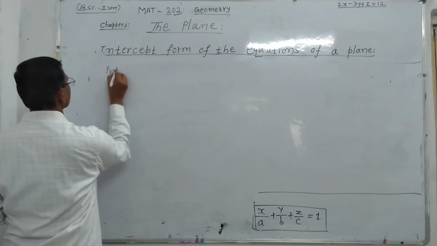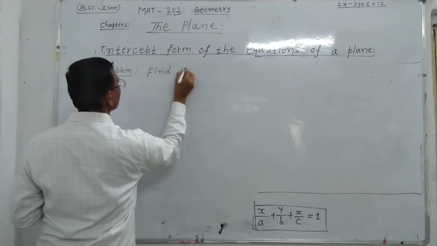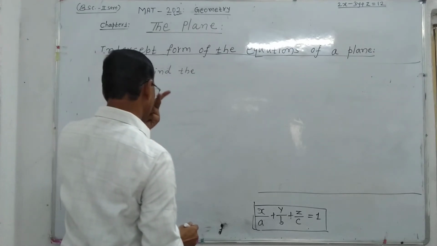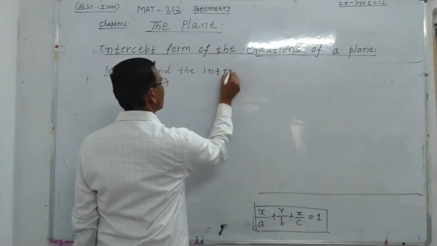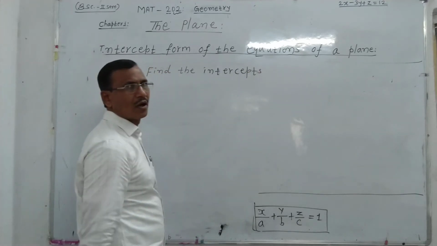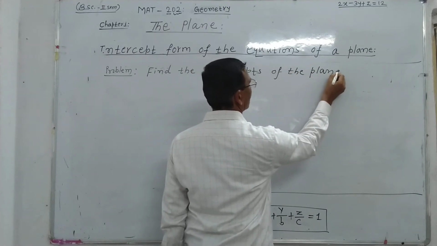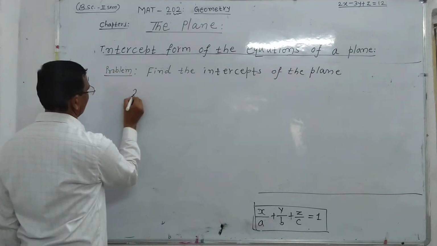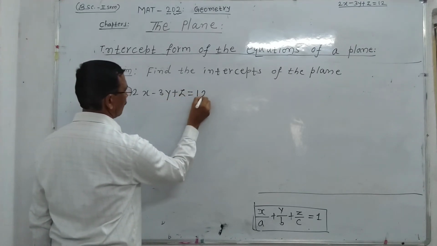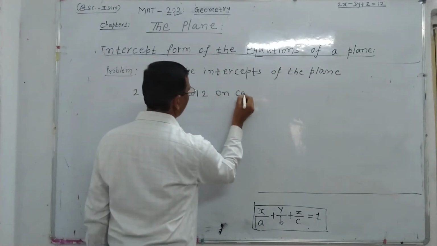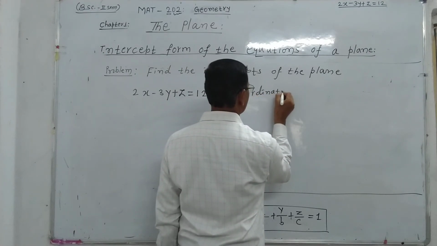Problem. Find the intercepts of the plane 2x minus 3y plus z is equal to 12 on the coordinate axes.